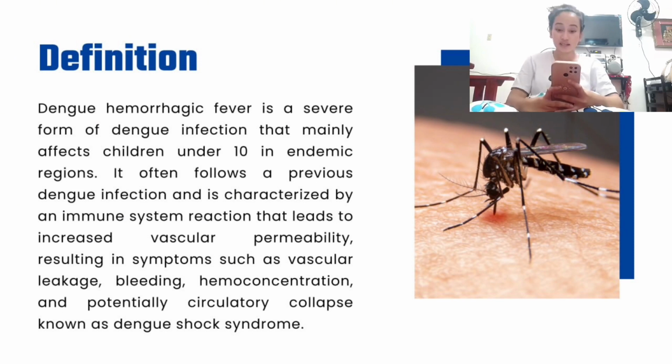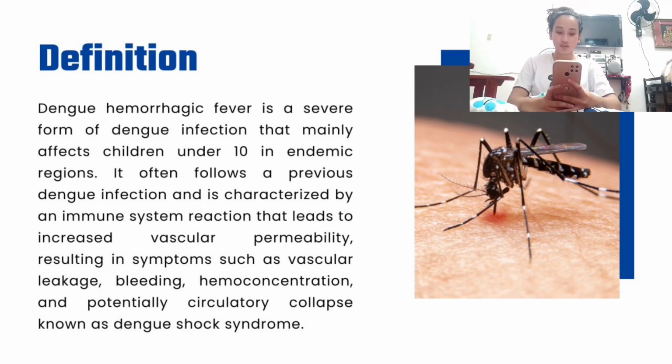So dengue hemorrhagic fever is an acute and life-threatening condition caused by the dengue virus, primarily impacting children under 10 years old in regions where dengue is prevalent. This disease typically occurs in individuals who have previously been infected with the dengue virus.